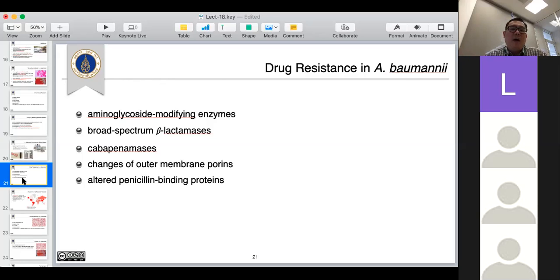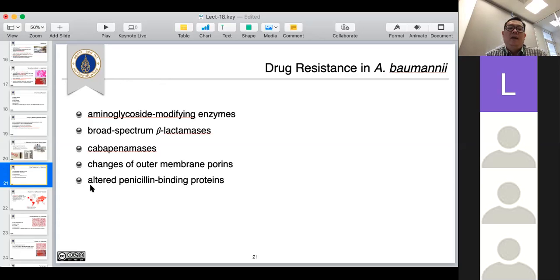They have carbapenemase, so carbapenem cannot be used well with A. baumannii. Actually, this is the drug of choice. Carbapenem works well in patients infected with A. baumannii, but even though we know the number of resistant cases increases, we still use carbapenem. Okay, they change outer membrane porins to pump out the drug.